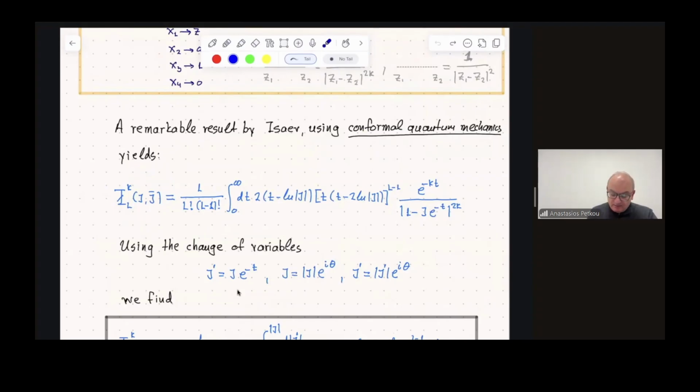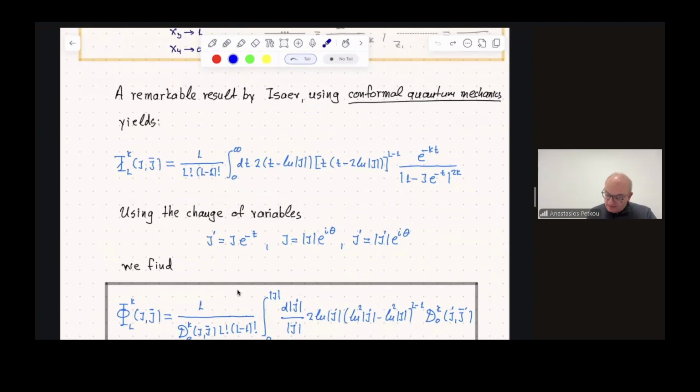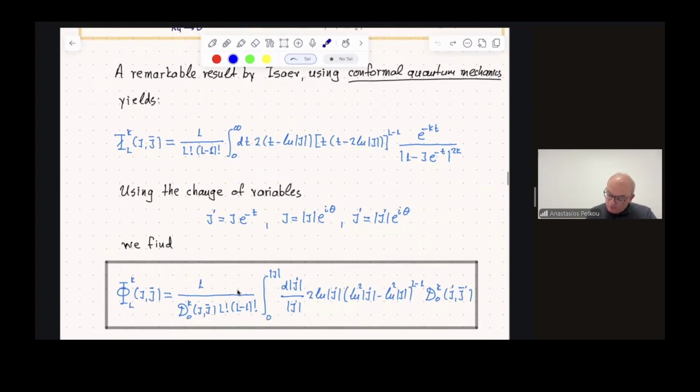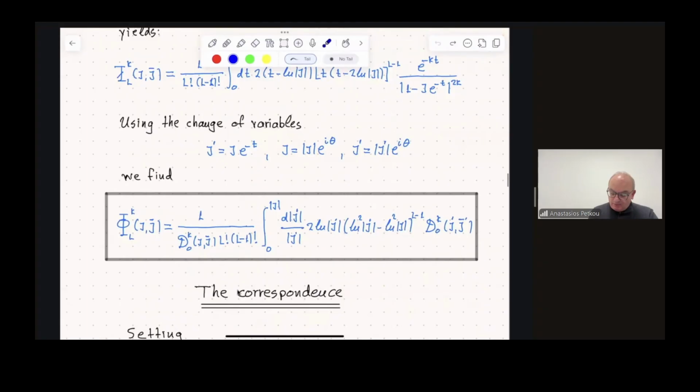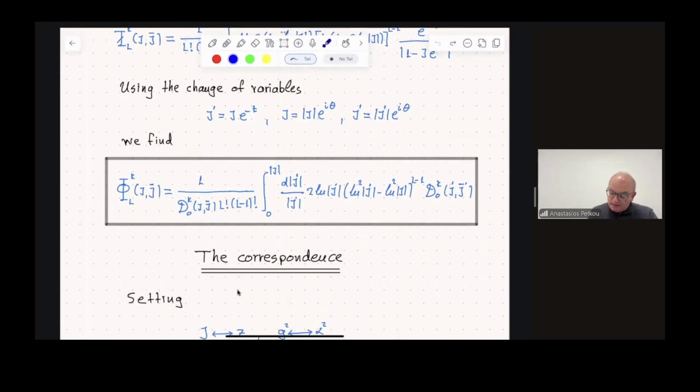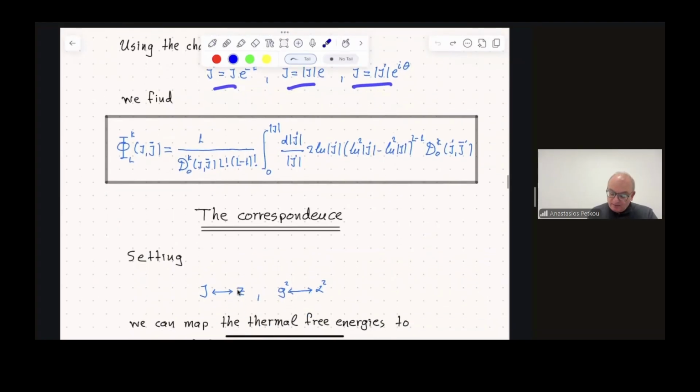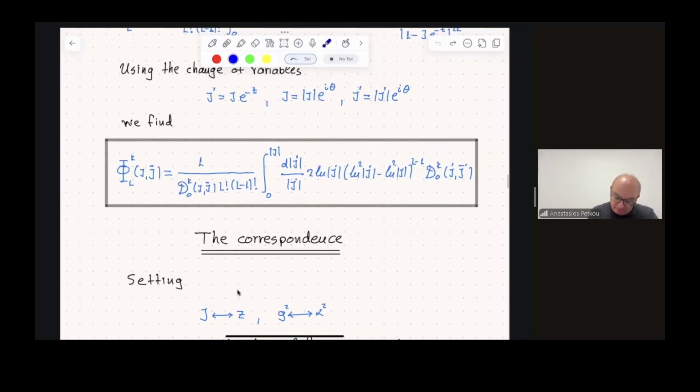Remember, zeta and zeta bar are the conformal ratios. The result is just a single integral, again with k and L given exactly by the loops, and k is the power of the propagator. We do a change of variables. This is our contribution. And we bring the result for phi.